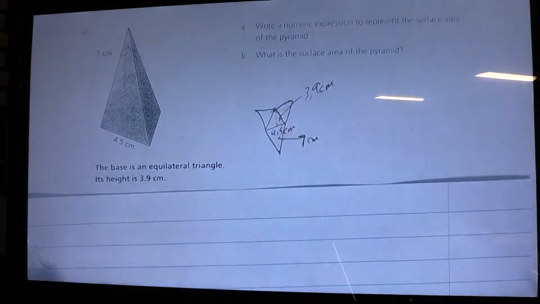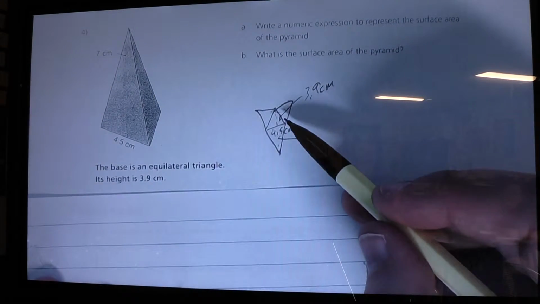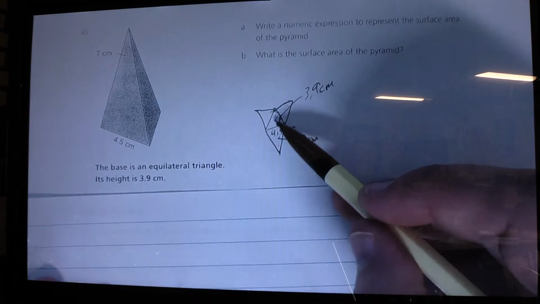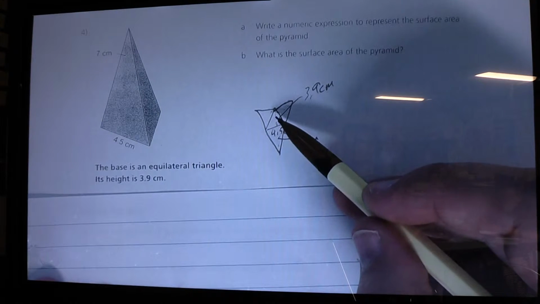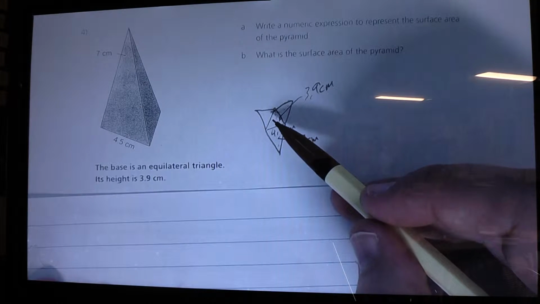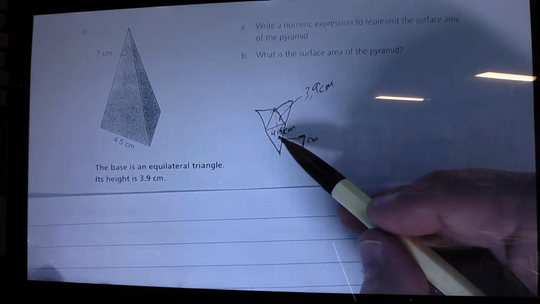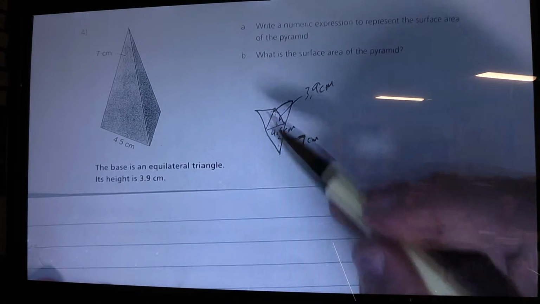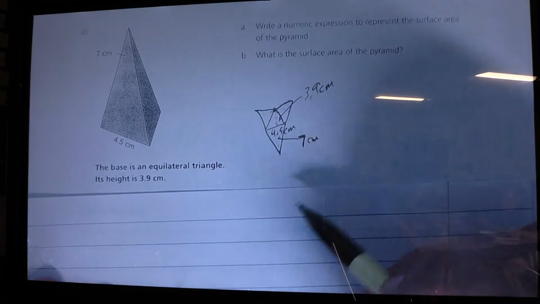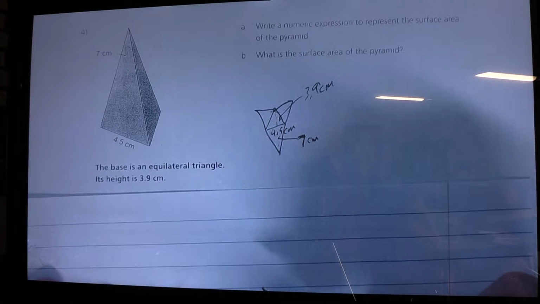So what I need to do is essentially find the area of this triangle, and then find the area of just this side and times it by 3, 1, 2, 3, and then add them together and get the surface area for the total shape.